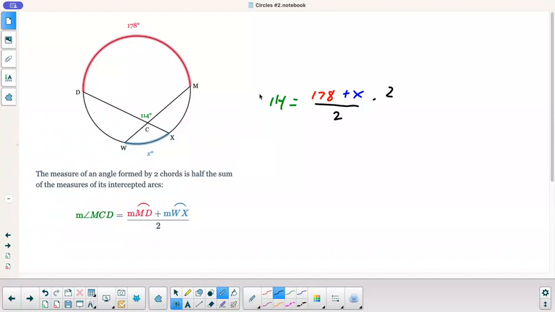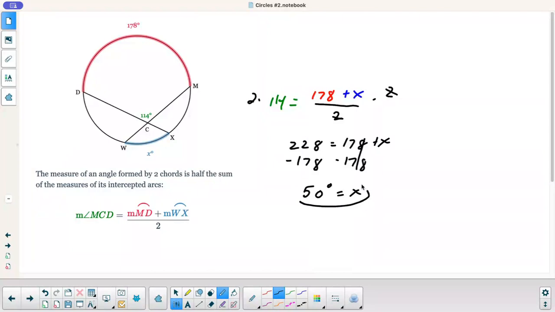Let's multiply by 2. So I get 228 equals 178 plus X. And then I need to minus 178 from both sides. And that gives me, let's see here, what would that be? 50, I think. 50 degrees equals arc WX, okay?